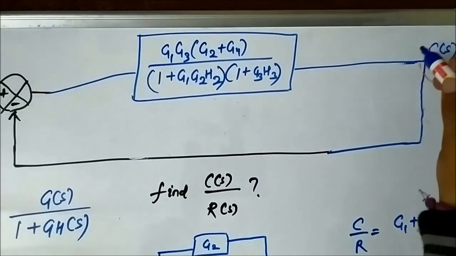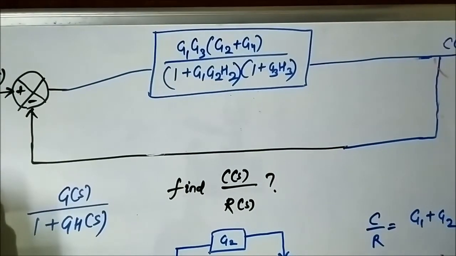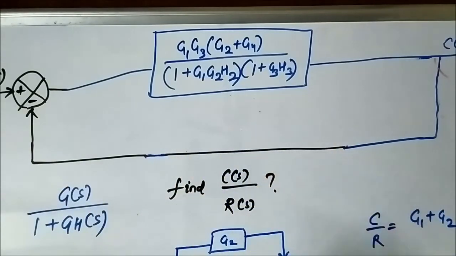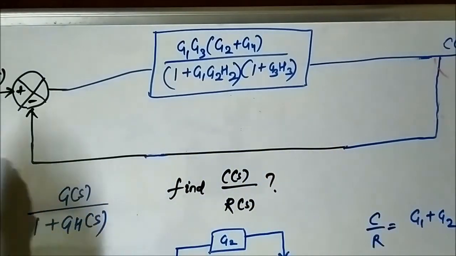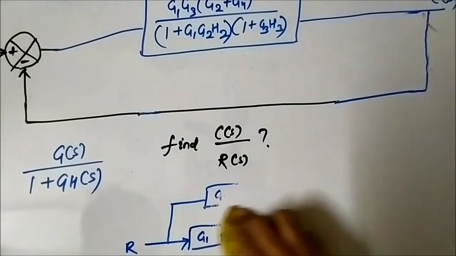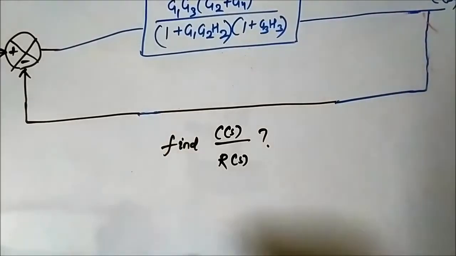Now this is a unity negative feedback connection. Whenever we have a unity negative feedback connection, it means H is 1.